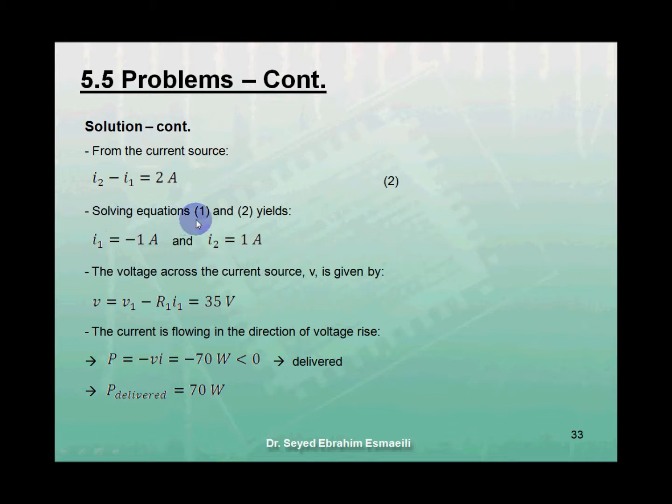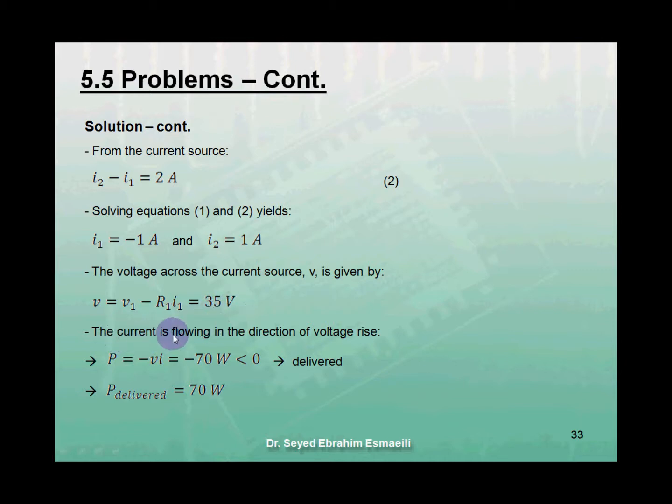Solving equations 1 and 2, we get I1 equals minus 1 amp and I2 equals 1 amp. The voltage across the current source V is given by V equals V1 minus R1 I1, which equals 35 volts.